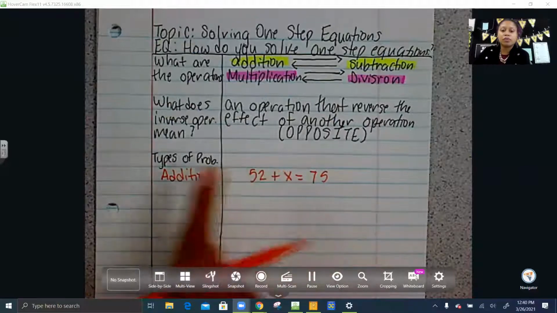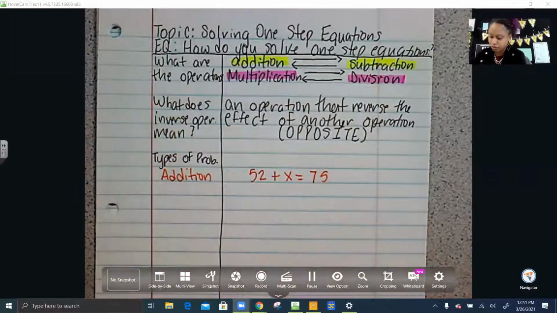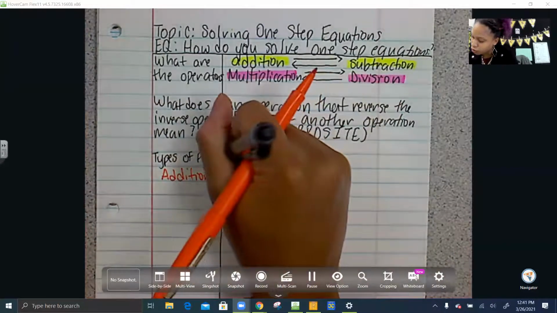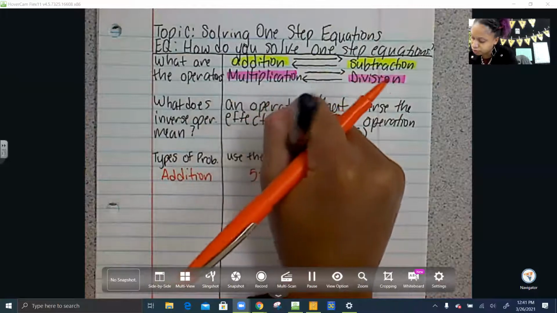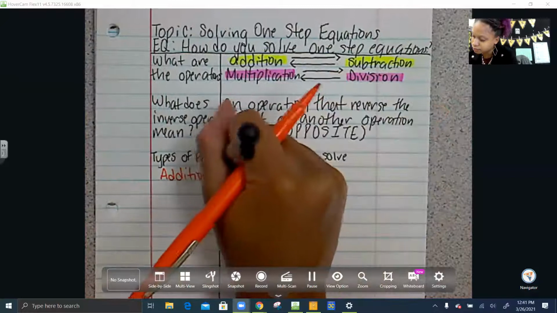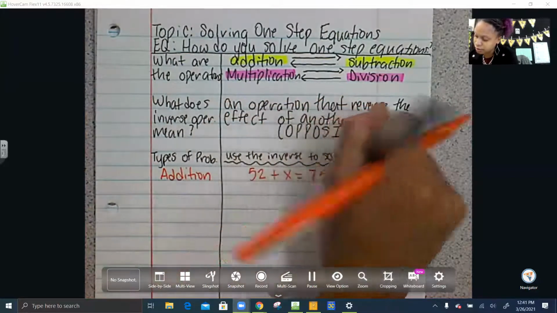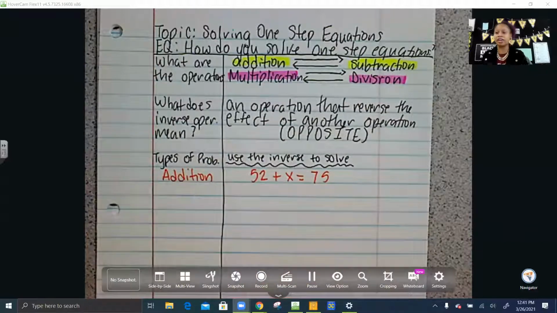Then you need to use the inverse operation to solve. This is important. We're using the inverse operation to solve it, which means if this is addition, the inverse would be subtraction.